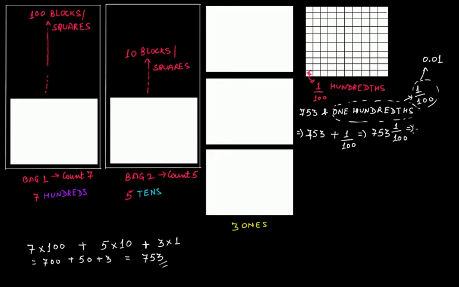Therefore this number will become 753.01. Okay, if you are given this portion also, this portion and this portion, two portions, now your number will be 753 and 2/100ths.